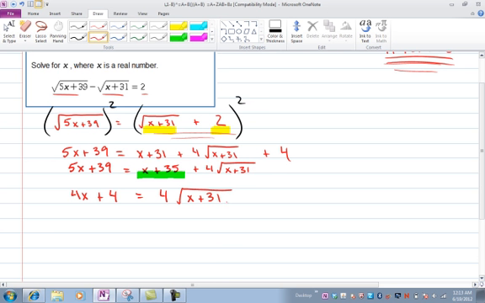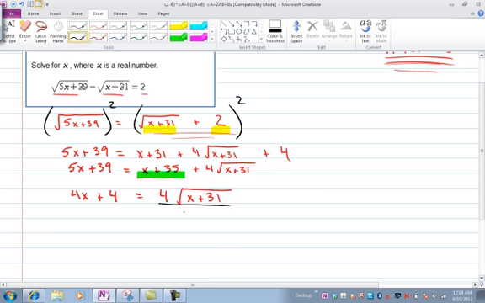So hopefully we can see that we can divide both sides by 4 right now. I'll point out that if you don't notice that, it's not going to be wrong to just simply square both sides right now. So I'll kind of talk this out both ways, but certainly it's going to make our lives a little bit easier if we notice that we're allowed to divide by 4 right now.